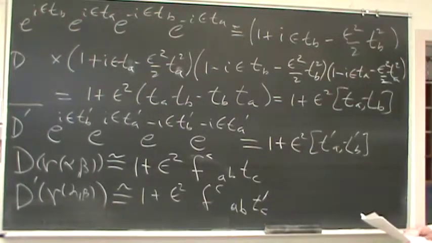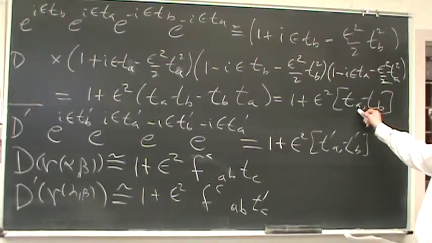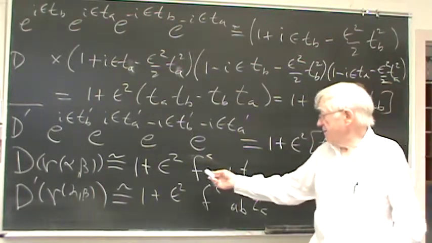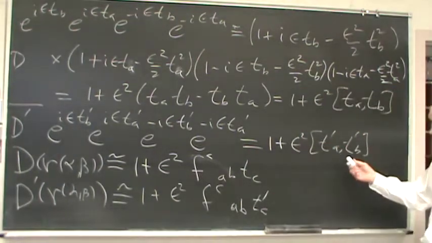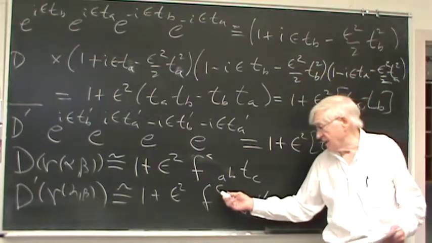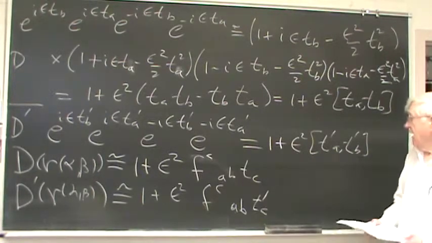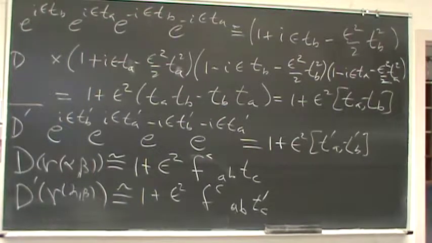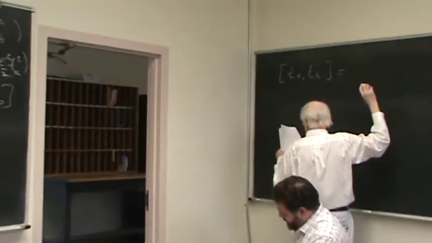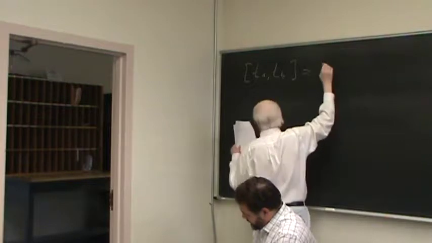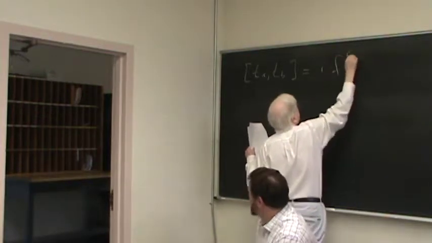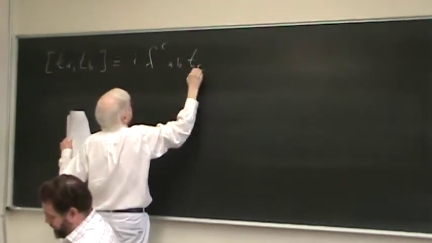And so what we have then is the relation that the commutator of TA with TB is F^C_AB TC, and the commutator of T prime A with T prime B is the same F^C_AB, but now with T prime C. And so this means that for all representations, we have [TA, TB] equal to, you see I've got a typo in the notes here, i F^C_AB TC.